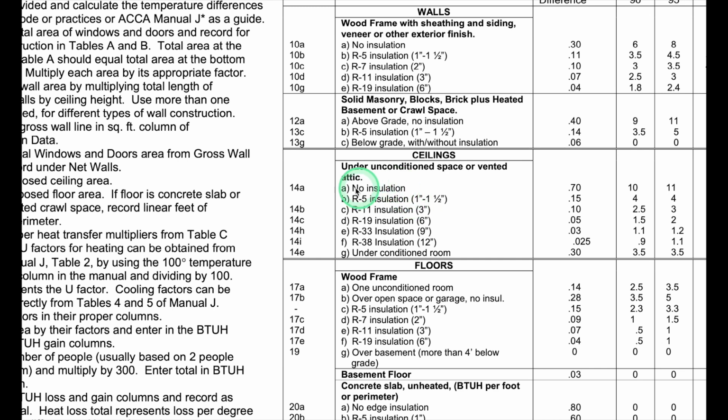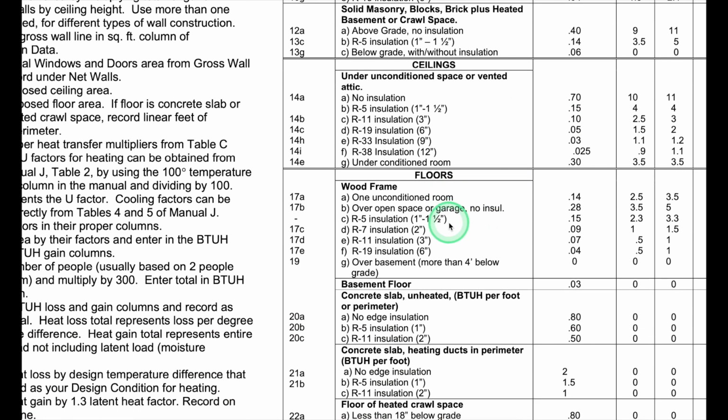What about the ceilings? For this example, we're using no insulation above the ceiling, 0.70 for that heat factor. And for floors, we're going to go with the concrete slab, meaning the floor is made out of concrete. It's unheated. There's no heating taking place in the floors.